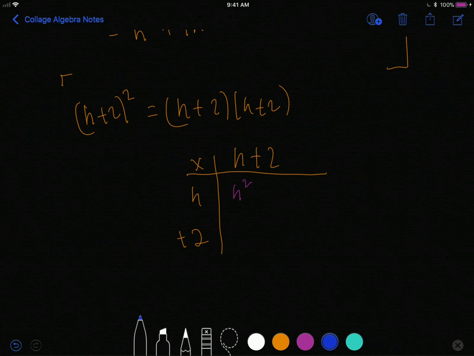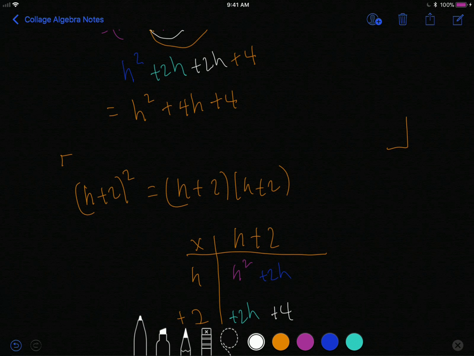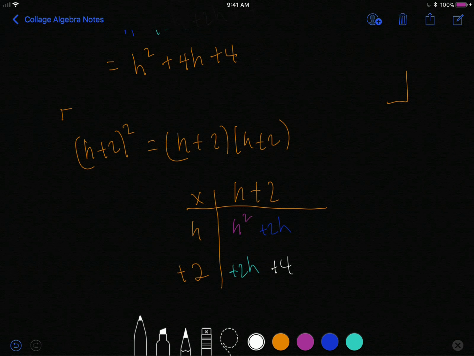H times 2 is a positive 2h. 2 times h is a positive 2h. And then 2 times 2 is a positive 4. And look, you get the same four terms down here that you got up here. And so then you just add like terms. And that takes you to your answer. Isn't that more fun?